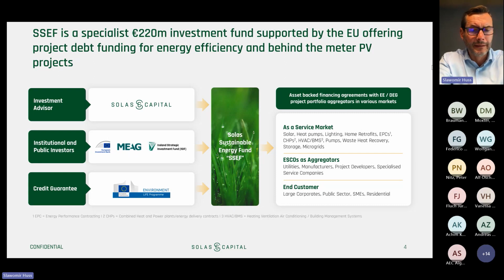It's obviously not a last resort funding mechanism, but it broadens the scope of acceptance of off-takers and clients, especially when you look at SMEs across Europe. There's a handful of clients on the edge of being eligible for funding, and with the EU guarantee, that is obviously very, very helpful.